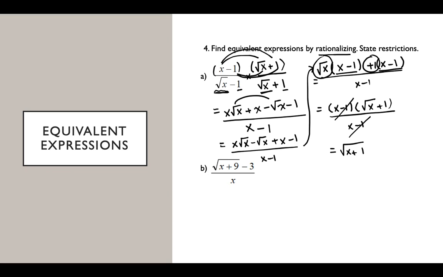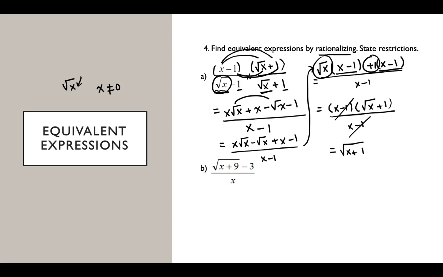Now keep in mind, like I said, when you're finding an equivalent expression, you have to make sure that the denominator cannot equal 0. So look back to your denominator and look at the radicand. Okay, so in this case, x, so look over here, x cannot equal 0.